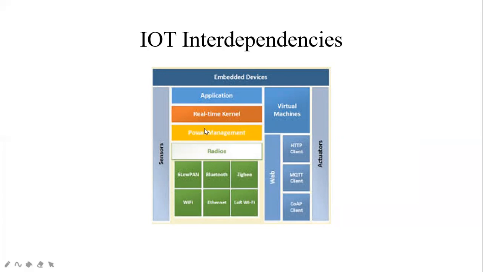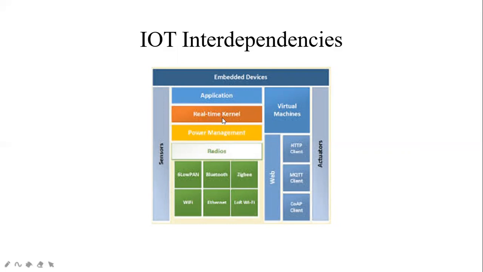Power management manages your power, like when there is a sleeping node, your power should be off. When there is an active node, your power should be on. This type of management system comes under your power management.